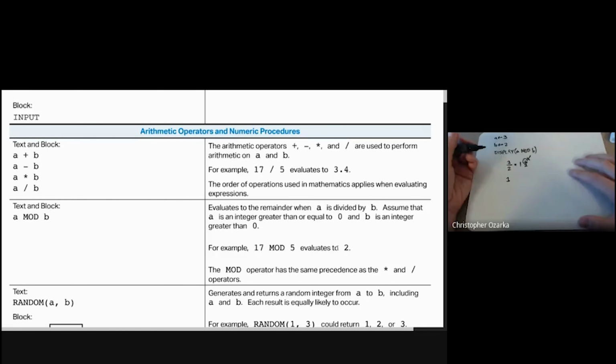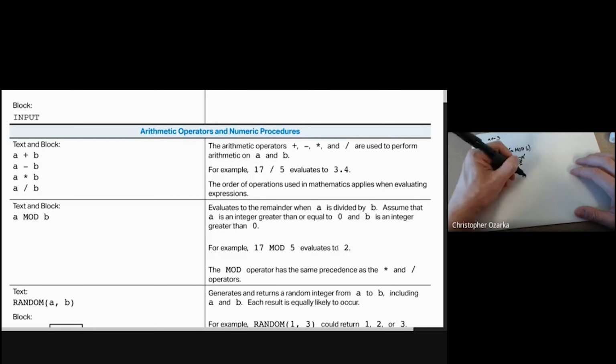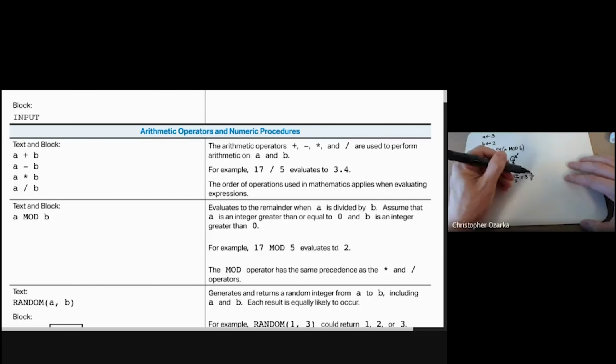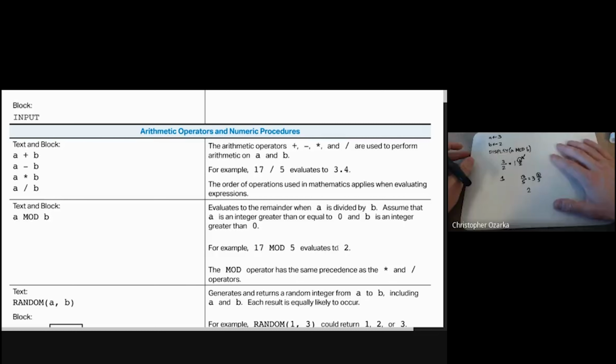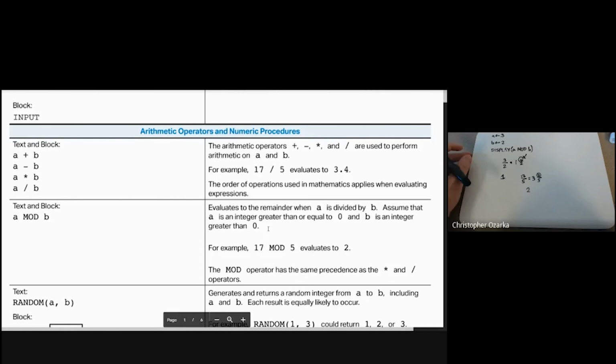It's whatever's up there. So if you did 17 mod 5, this would be equal to 3 and 2/5. That 2 would be the answer. So if you don't like the long division remainder thing, then you could just look at whatever's up there. Okay. That is our mod.